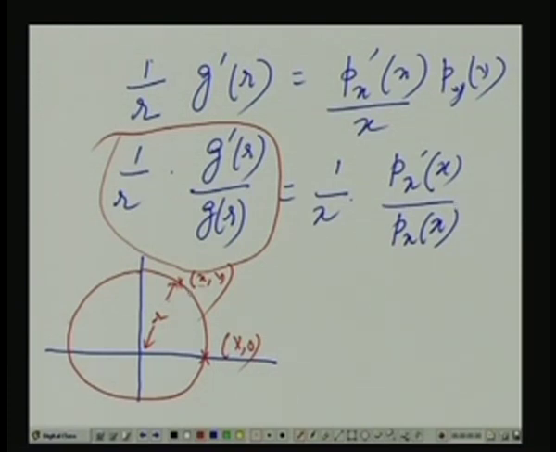If I now go on moving on this circle, I get other values for x also. But whether I am taking the x for this point or this point or this point, this ratio has to be the same, because the left hand side is not changing.